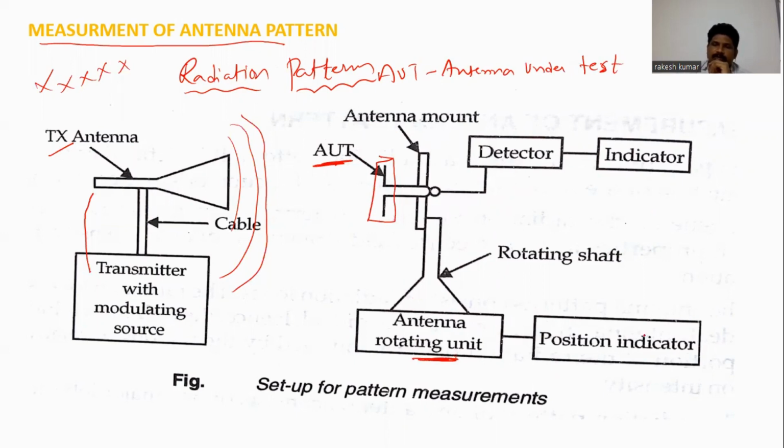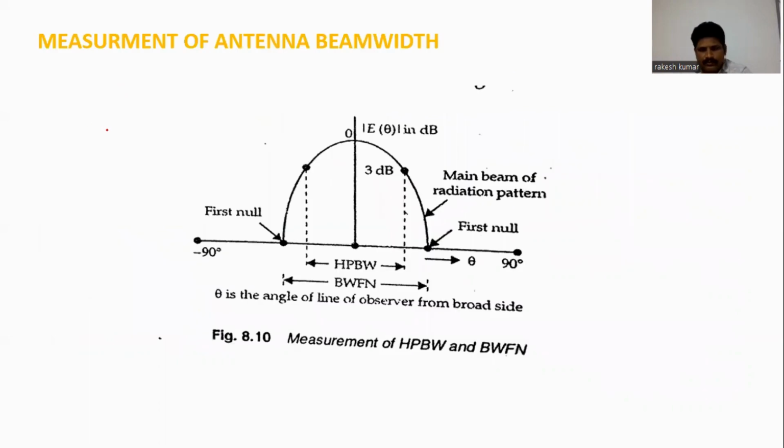This is the position indicator, for example. See here, this is my transmitting antenna, let us consider TX. It is radiating the signals. Here you have kept your antenna like this.